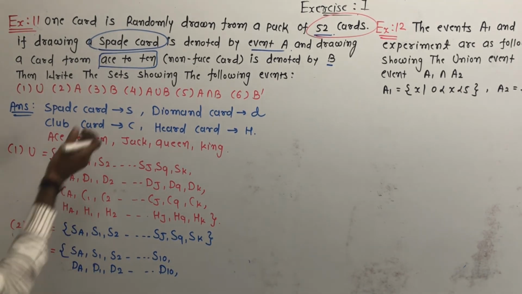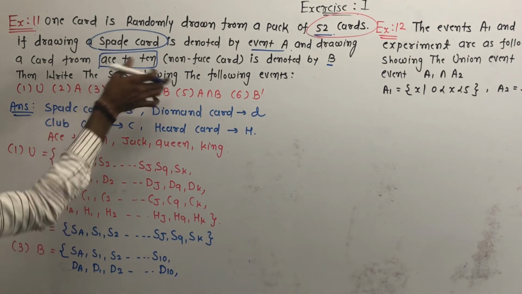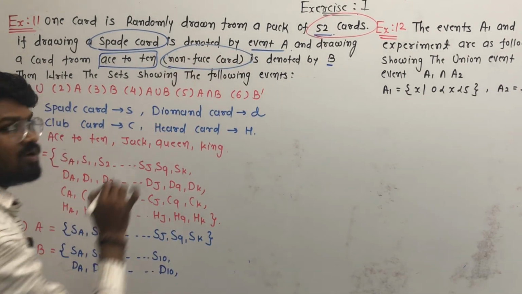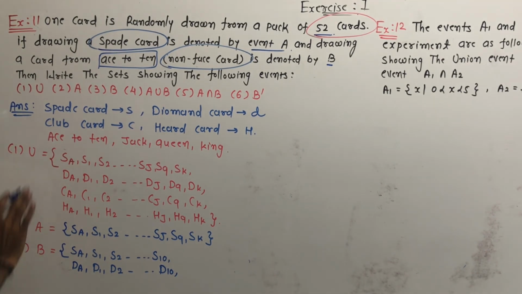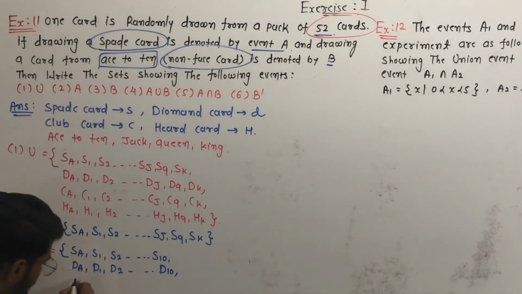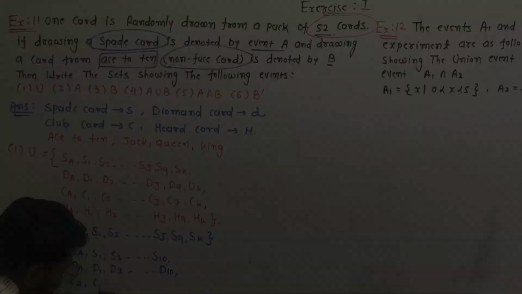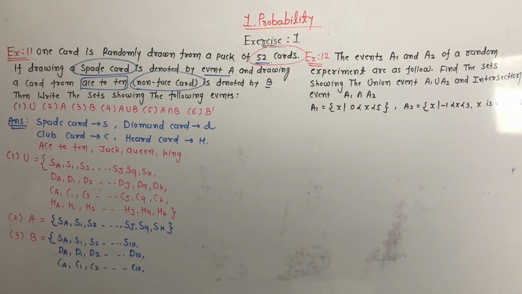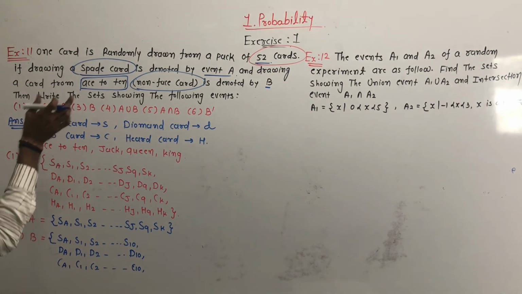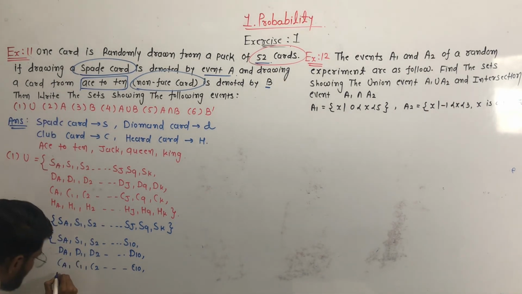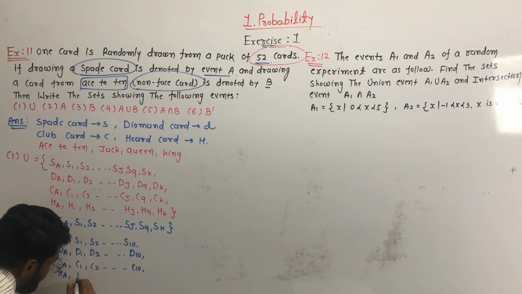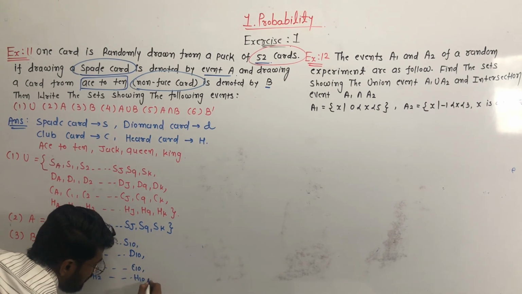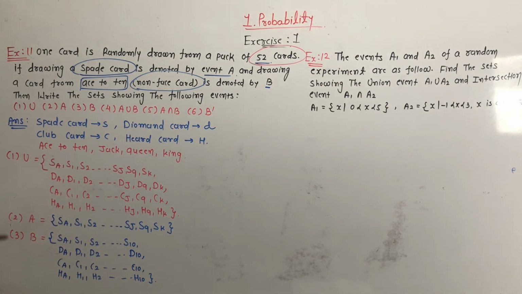Now the club cards: CA, C2, up to C10. Now the heart cards: HA, H2, up to H10. Clear? So these are the elements of event B.